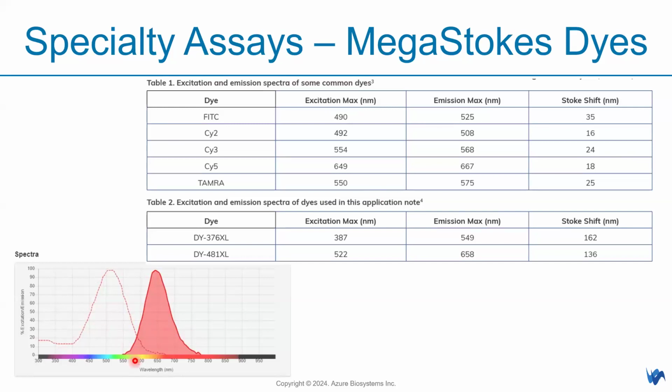So we don't want to bleed between these two wavelengths, where later it will translate into a high background and so on and so forth. The distance between the excitation and emission maxima is called the Stokes shift. So you can see in table 1, the normal Stokes shift that we see in Cy3, Cy2, Cy5 are ranging between 10 to 40 nanometer wavelengths.